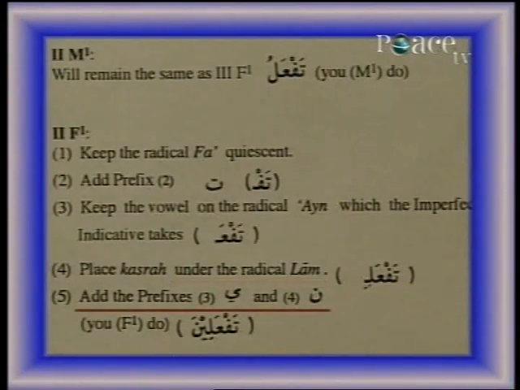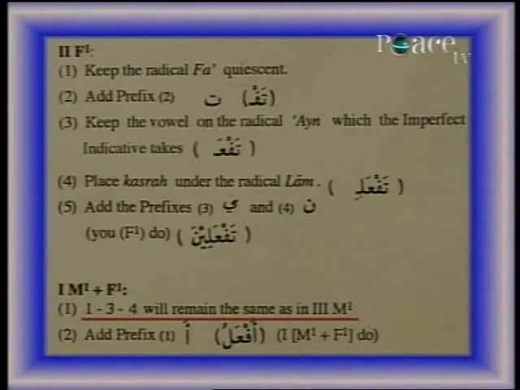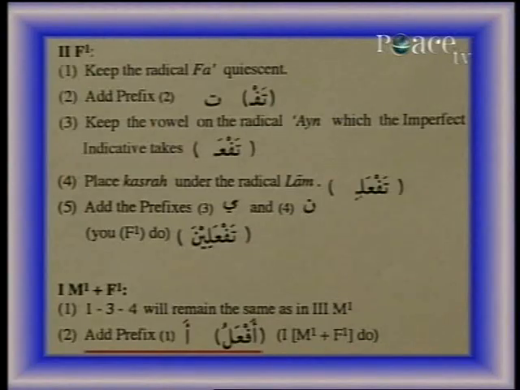Add the suffix noon, taf'alina, you feminine do. 1M1 plus F1, 1, 2, 3 will remain the same as in 3M1. Add the prefix a, af'alu. 1M1 plus F1, that is, I do.